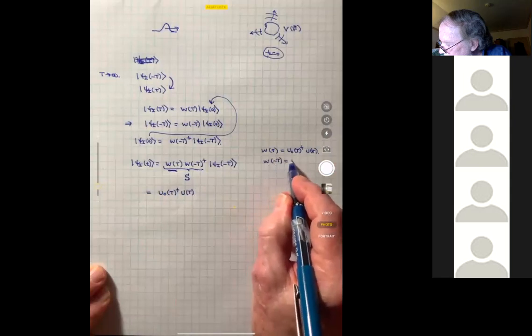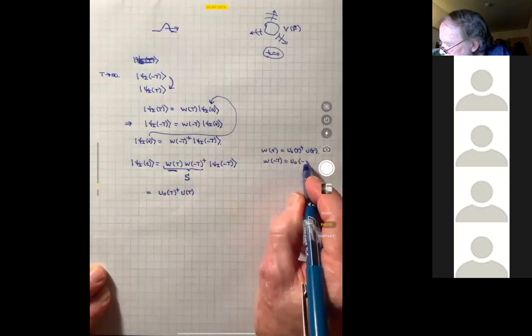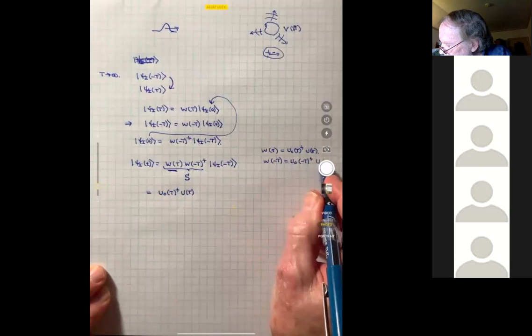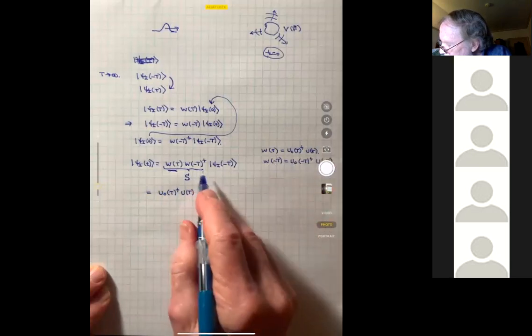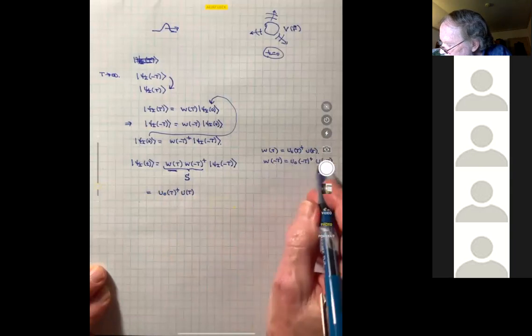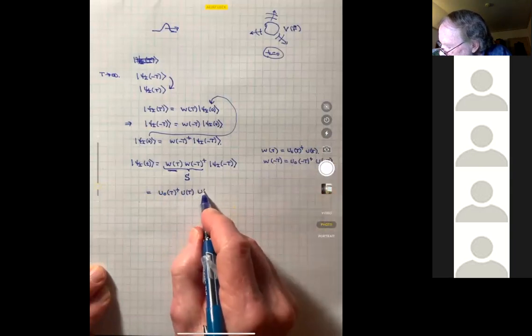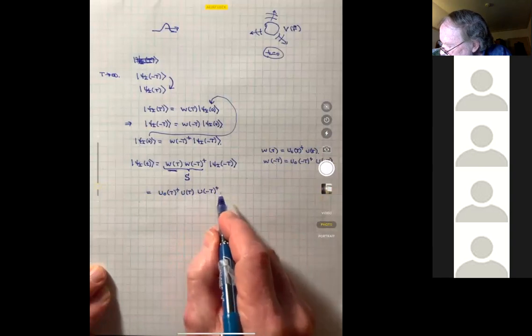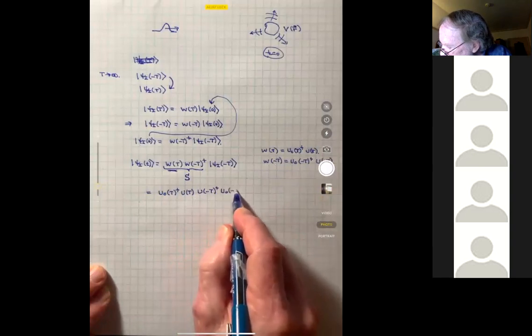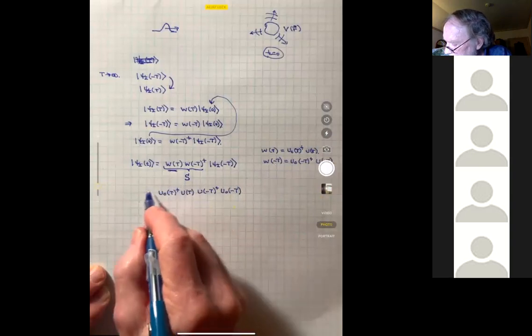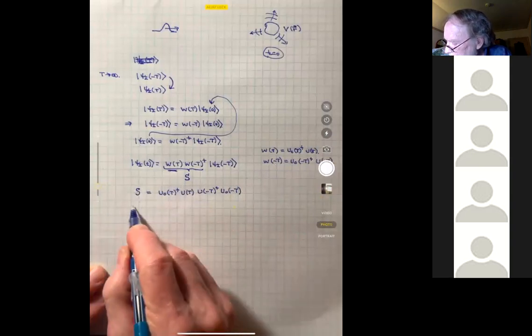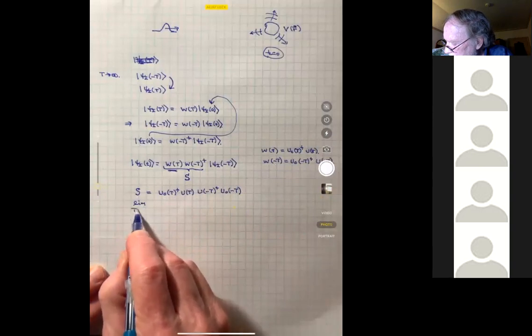W of minus T is equal to U0 of minus T dagger times U of minus T. And then daggering that, I need to reverse the order. So I get U of minus T dagger times U0 of minus T, now without the dagger. Okay, that's what S is equal to. S is equal to this, in the limit as capital T goes to infinity.